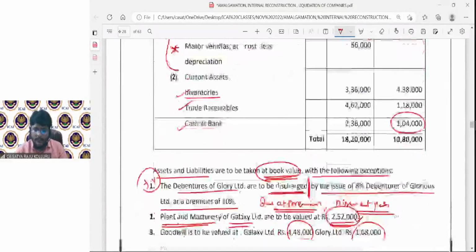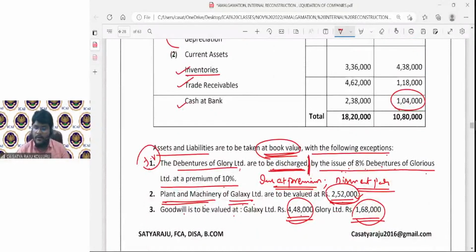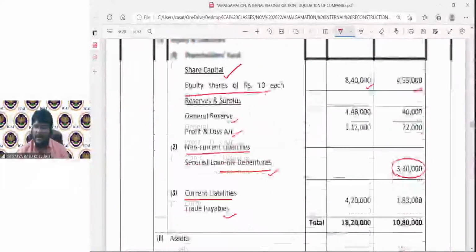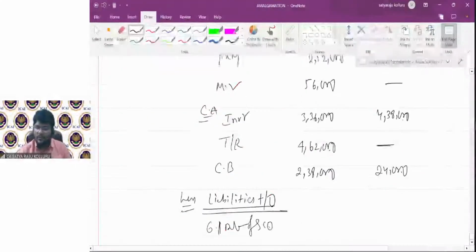Now we already saw that they are discharged at par only. Discharged at par means taken over at par only. But the debentures we are issuing are issued at a premium. Sir, taken over at par means the par value, which is here 3,30,000. At the same value, we are taking over 3,30,000.